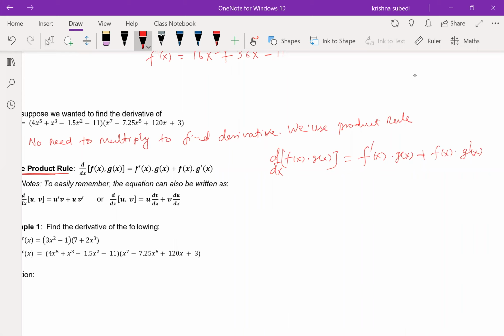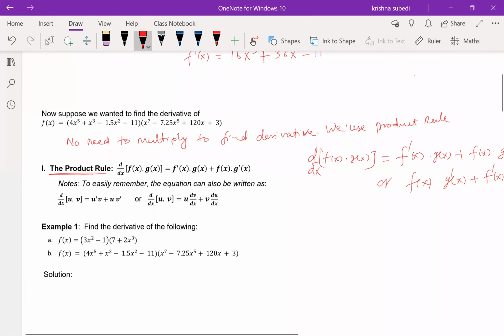You can do the derivative for f first or g first, it doesn't matter. You just copy both functions at the same time, twice, and then find the derivative one at a time.